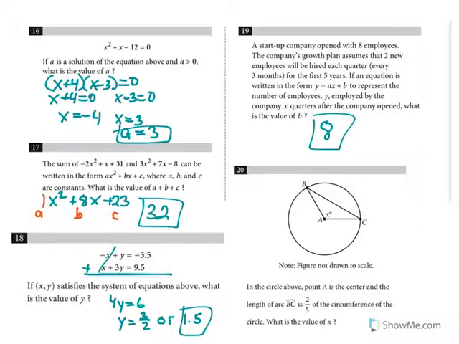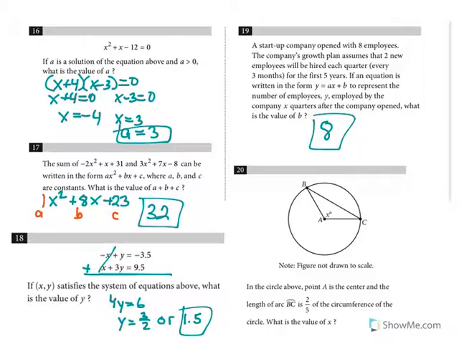In the circle above, point A is the center, and the length of arc BC is 2/5 of the circumference of the circle. What is the value of x? All right, and I love me some geometry. Okay, so understanding we have a central angle here. The angle is at the center of the circle. That's the term central angle. And the ratio of the arc length to the circumference is going to be the same as the ratio of that angle to the full rotation of the circle, 360 degrees.